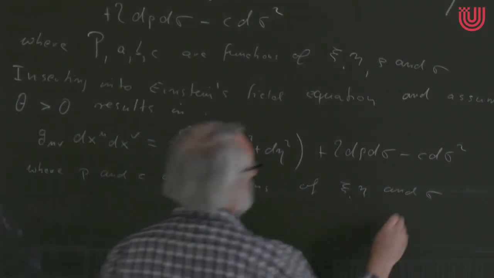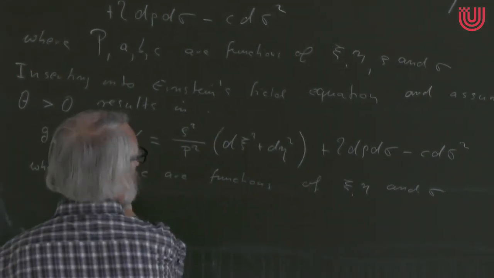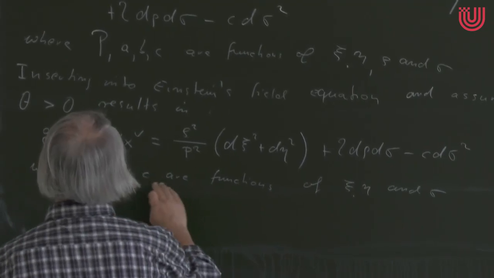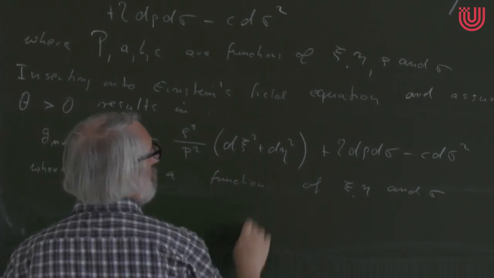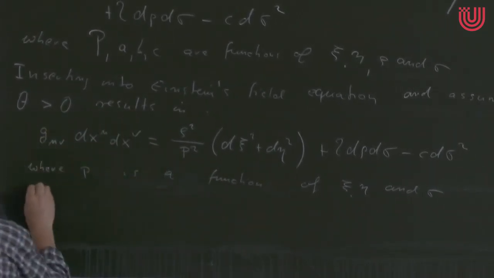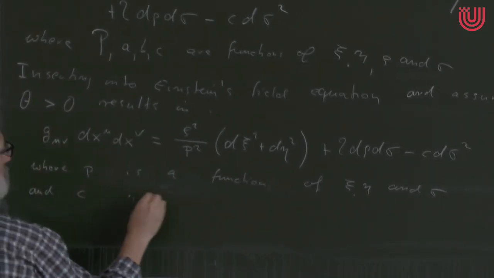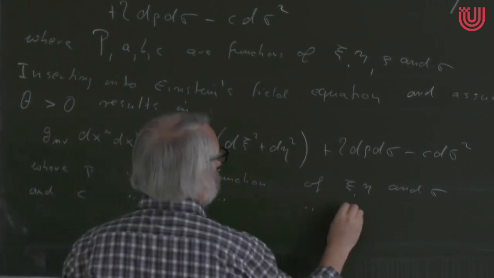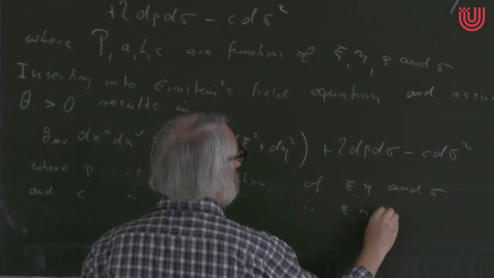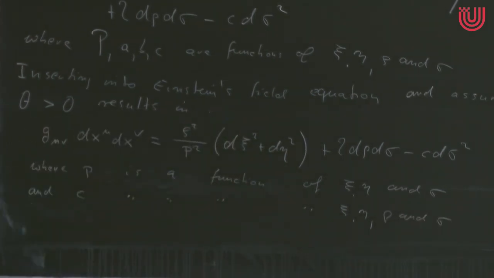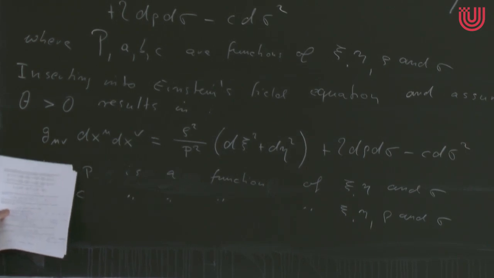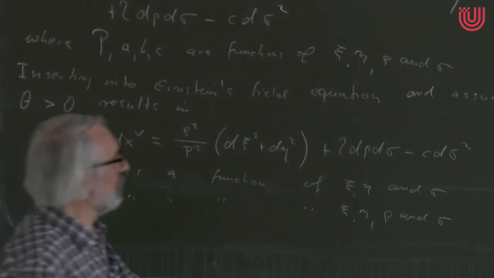Oh, the C does depend on rho. Sorry, P is a function of psi, eta, and sigma, and C is a function of all four, rho too. I will write down the C in a minute. So the equation we have actually to solve is an equation for P, and then the C is given algebraically.